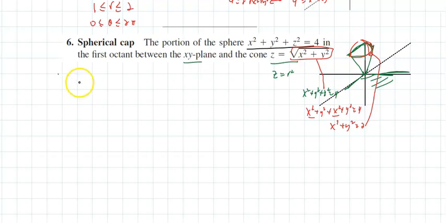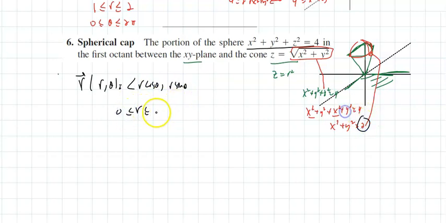And now if I call this r of r and theta, I could use u and v again. r cosine theta, r sine theta, because that's when they intersect. I'm going to see r to be between 0 and radical 2, and theta is going to run only in the first quadrant, right? And this would be the square root of, let's see, what does z equal?